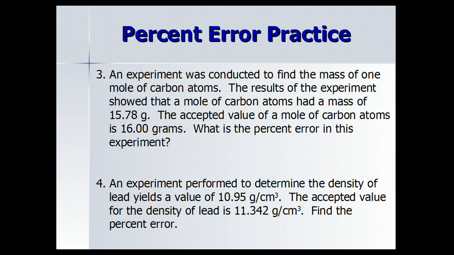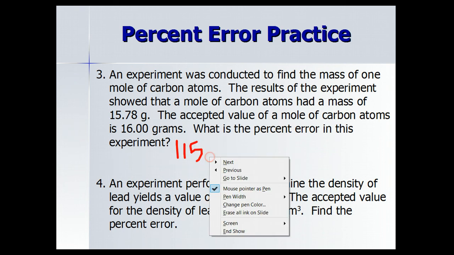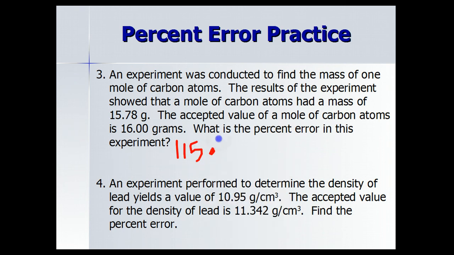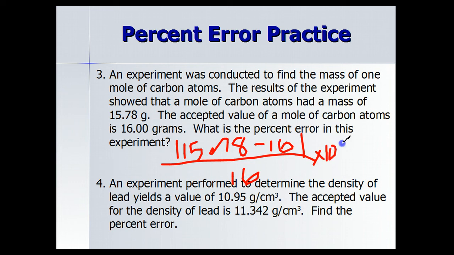What is the percent error? I don't really know what they're talking about here, but I do know that I take what the person got. So 15.78 minus 16, absolute value, over 16 times 100.